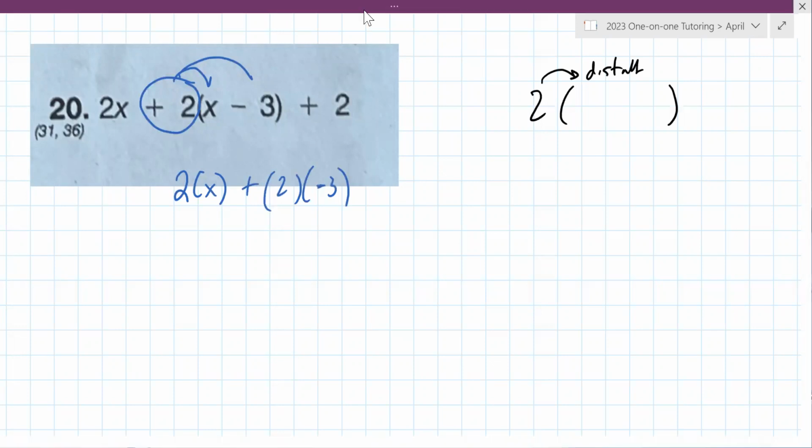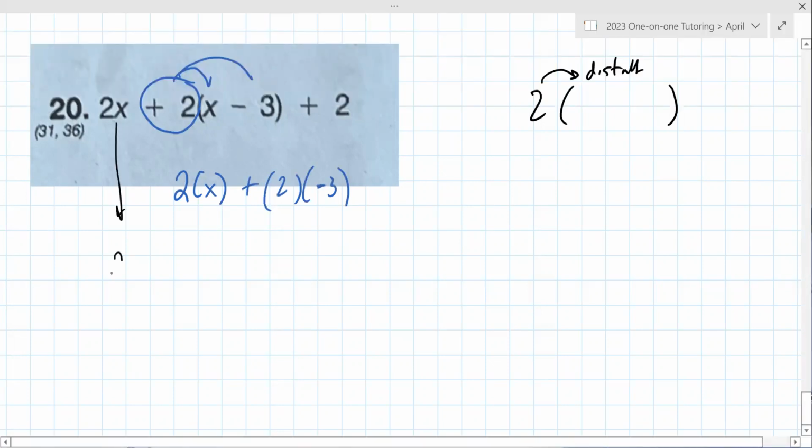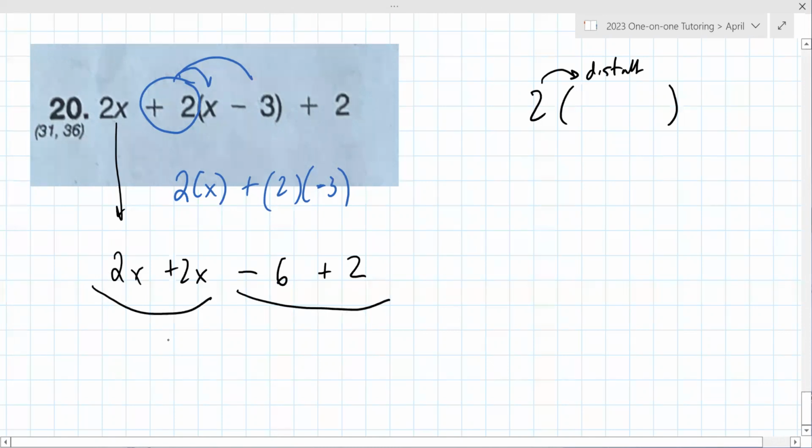So you bring the 2x down plus 2x. What is 2 times -3? -6. Okay, plus 2, -4. Great. So now the 2x and the 2x combine, and the -2 and the 4x minus 4.